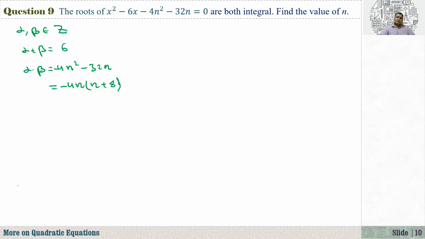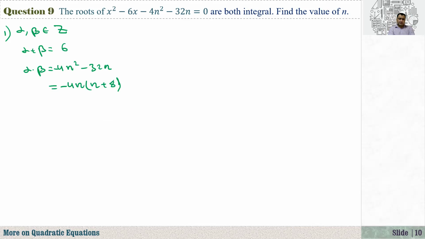Alpha plus beta is 6, but we don't know about the signs, right? We have infinitely many combinations where the sum of two integers is 6. But on the right hand side, alpha times beta is equal to minus 4n times n plus 8, right?